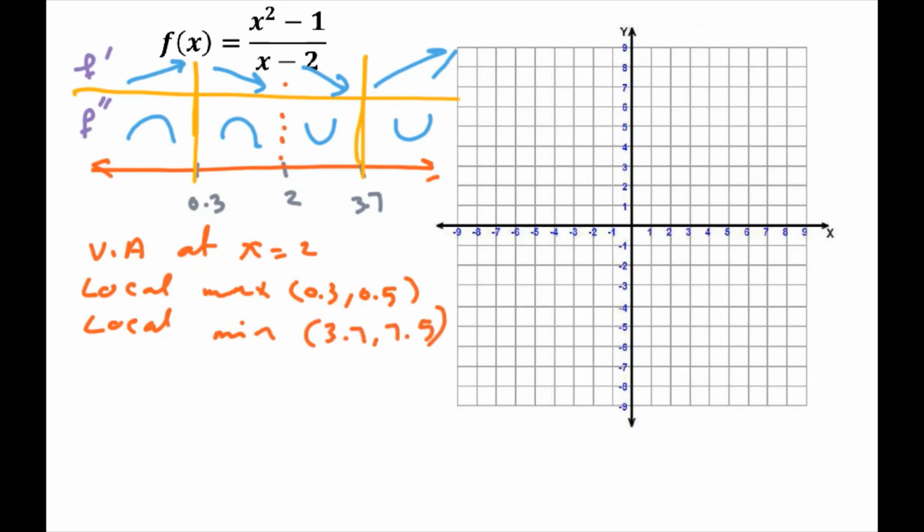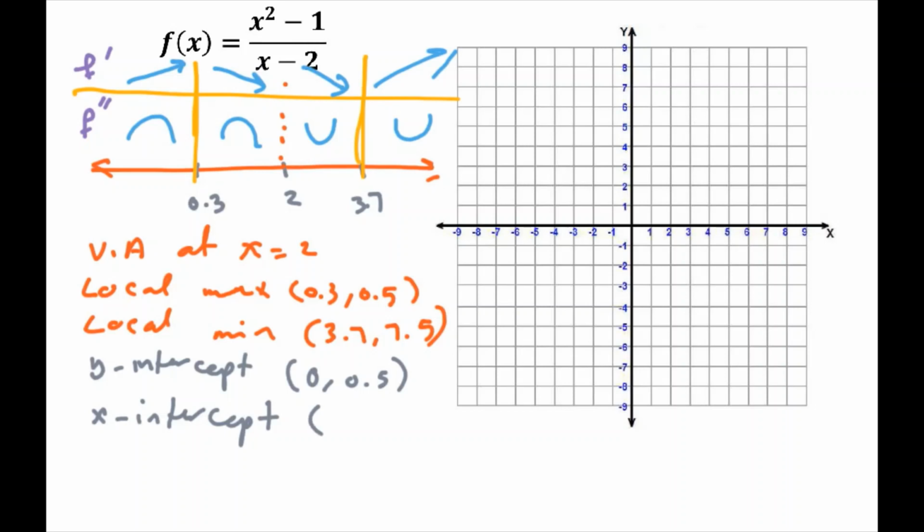I need to find the y-intercept. That's f(0), which, if you substitute by 0, you will get 0 and 0.5. And I need to find also the x-intercept by making the equation equal to 0.